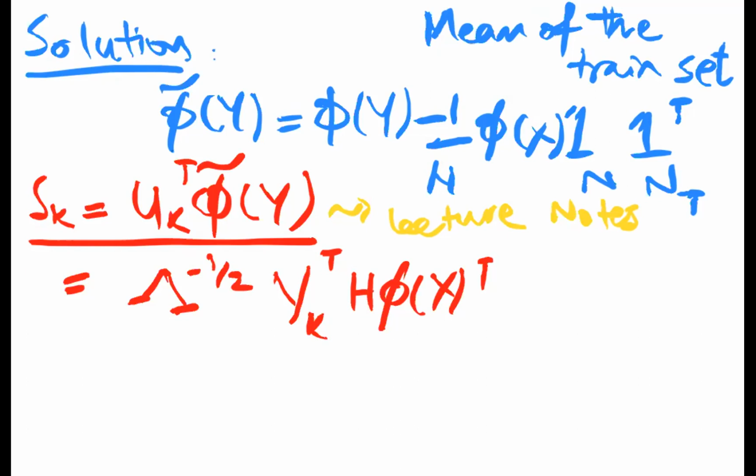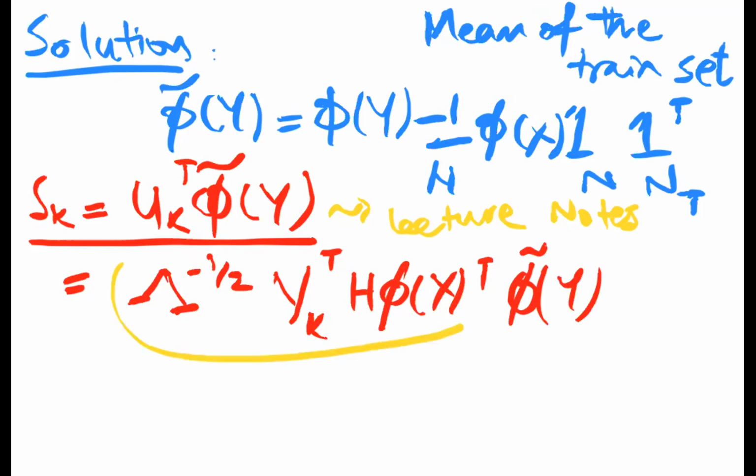Sigma X transpose, and then we have sigma tilde Y, right? So this whole thing was coming from this, and then we have sigma Y. We have not opened sigma Y.